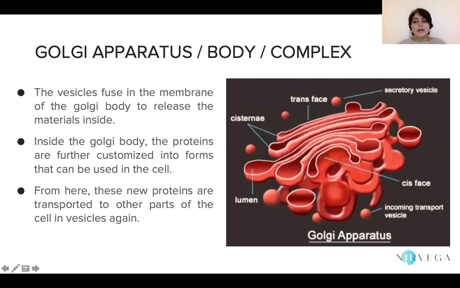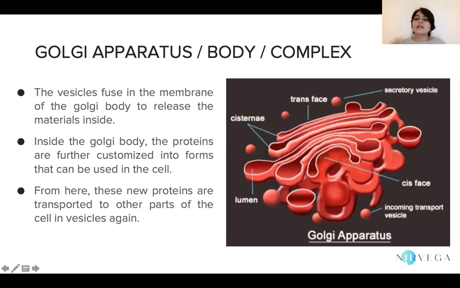Now understand again over here, how does it move from this Golgi body to the other parts of the cell? Again, it is through vesicles. So imagine that the message came from here, and then it underwent a bunch of twistings and turnings and more complications and more coding, and finally the message is ready to be sent. It comes here.